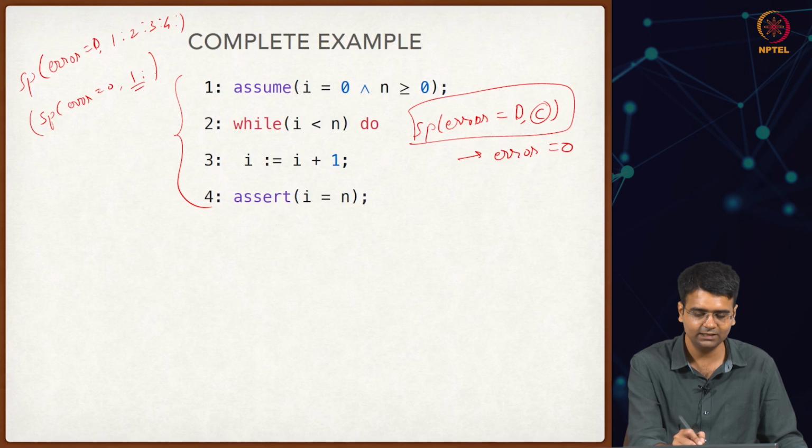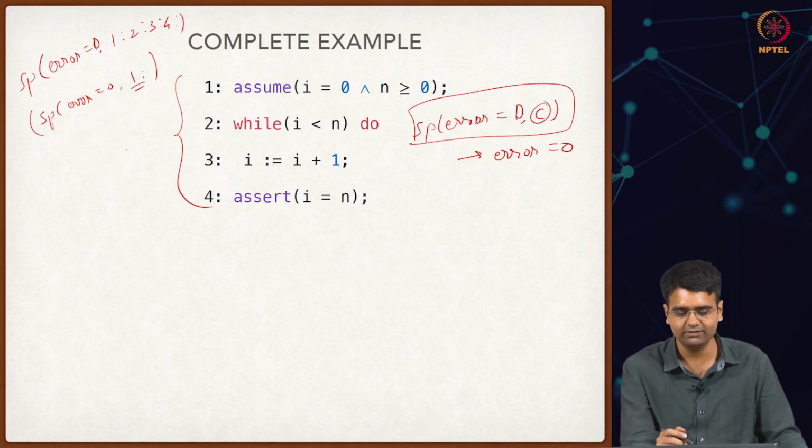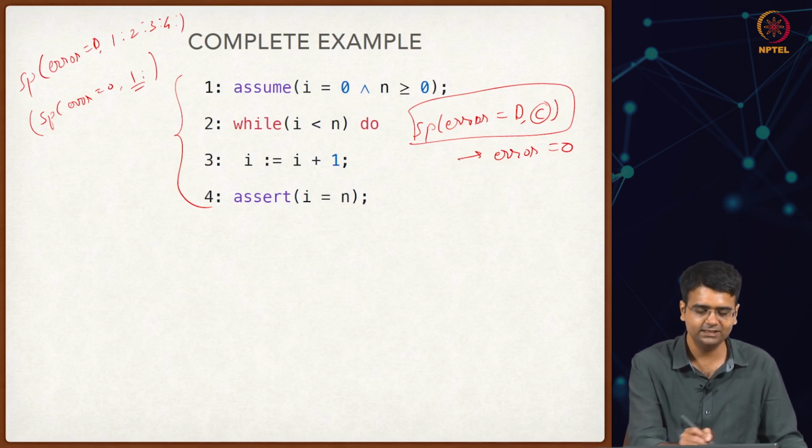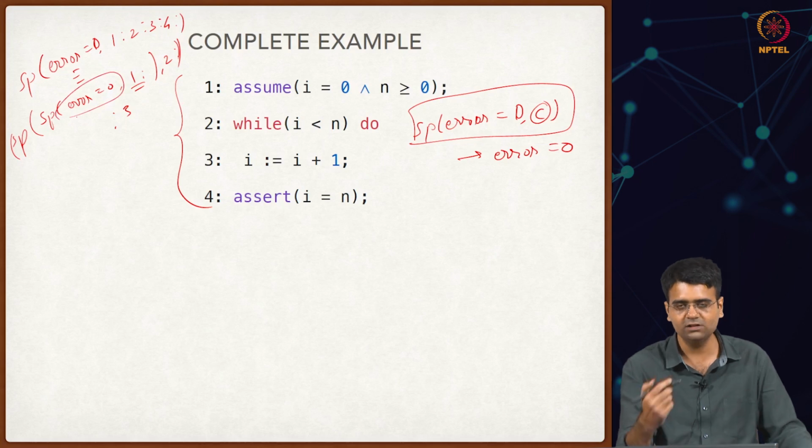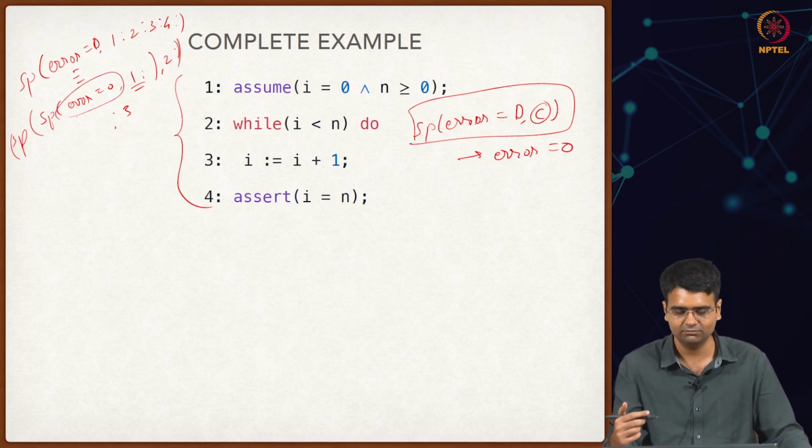So this I am indicating by this 1 colon. 1 colon means that I have executed the statement 1, and then this has to be supplied as input to the statement 2, and this in turn has to be supplied as input to the statement 3 and so on, okay. So this is actually equivalent to this. So I am going to propagate this state error equal to 0 through all the program statements one after the other, okay.